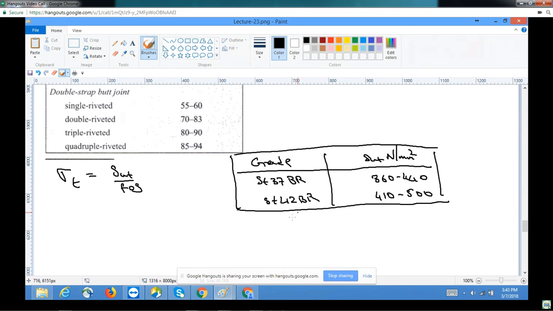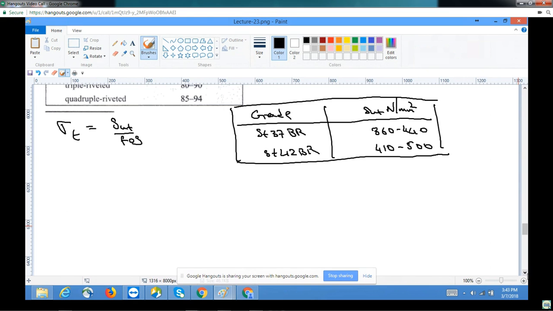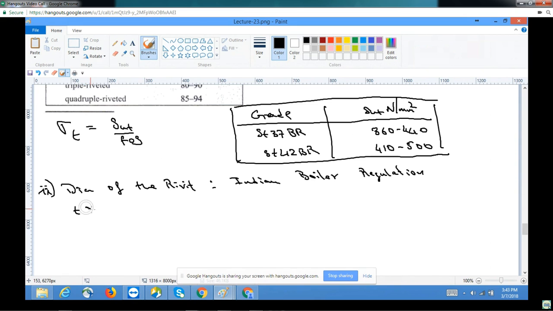So this is the one, and when you are deciding the diameter of the rivet, we generally follow the Indian Boiler Regulation, and according to that, when t is greater than 8 mm, then diameter is equal to 6 root t, and this is called Unwin's formula.